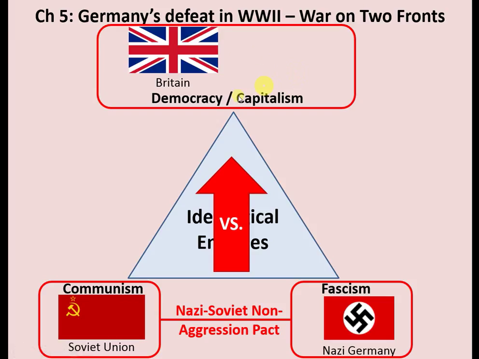The Allies mainly consisted of Britain at this point in time, by 1940 or so. So the British were left alone to deal with the Nazis in particular. The communists weren't fighting directly against the British, but still they had a pact of non-aggression. So this left Britain in a very bad position.